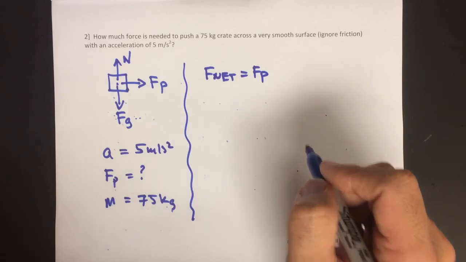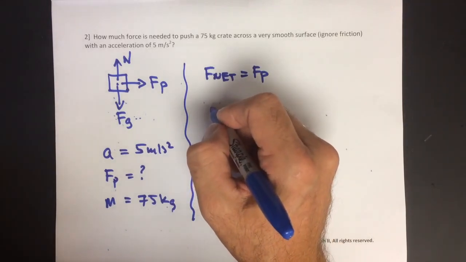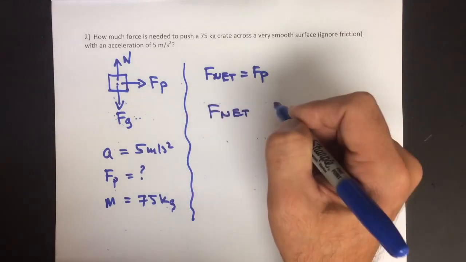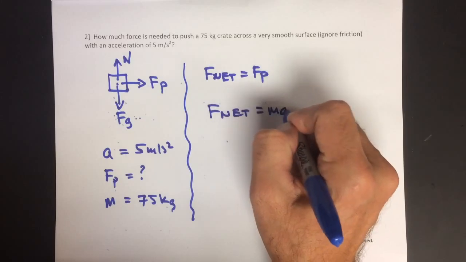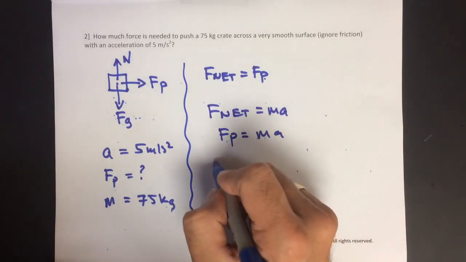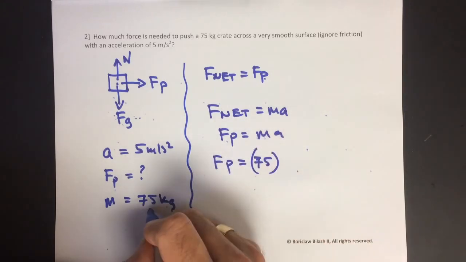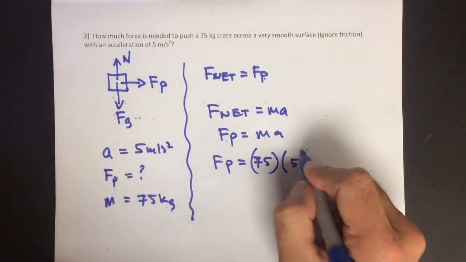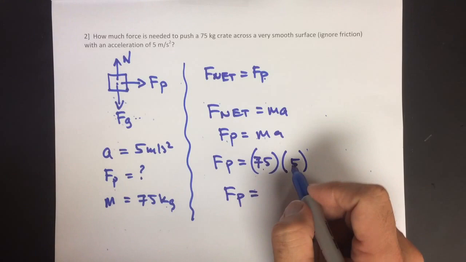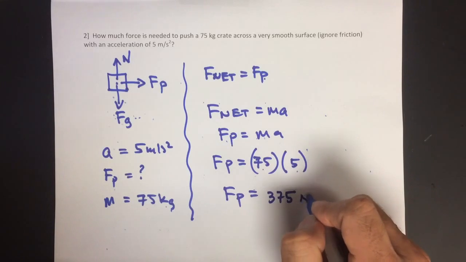And then we want to write down the formula that we need, and that's going to be F net is equal to MA, and in this case F net is just Fp, and Fp is equal to 75, that's the mass, times the acceleration, which is 5. So Fp is equal to 75 times 5, which is equal to 375, and the units for force is newtons.